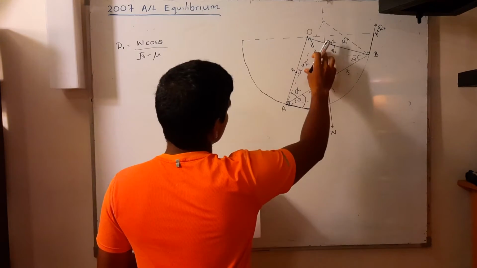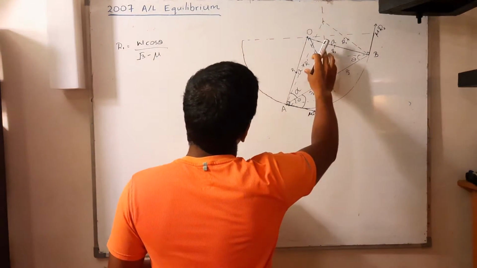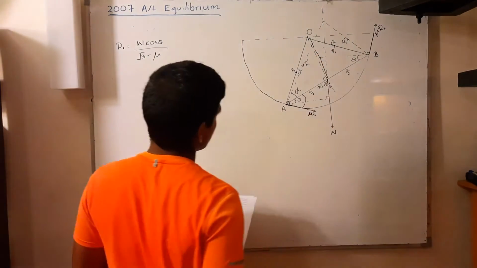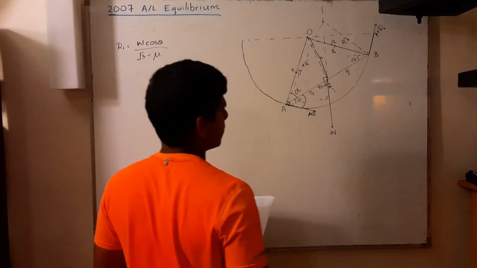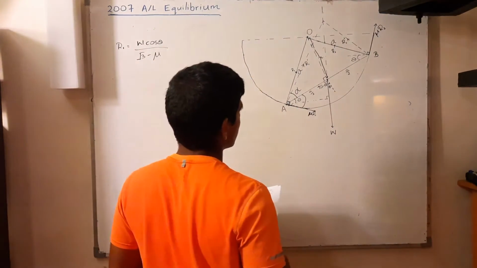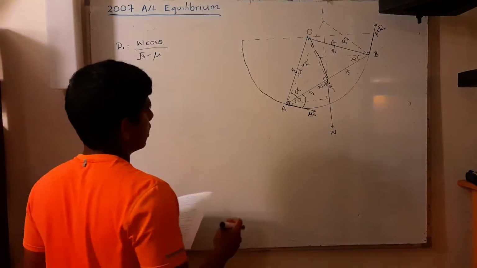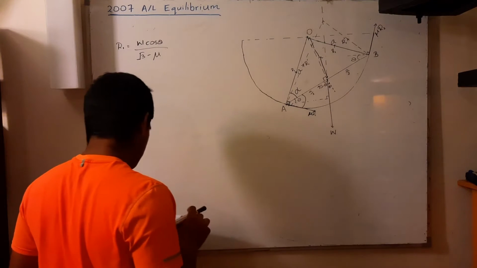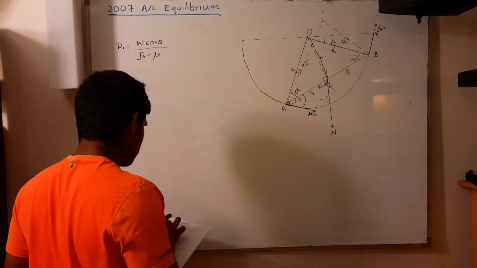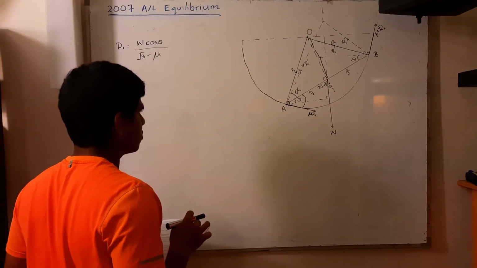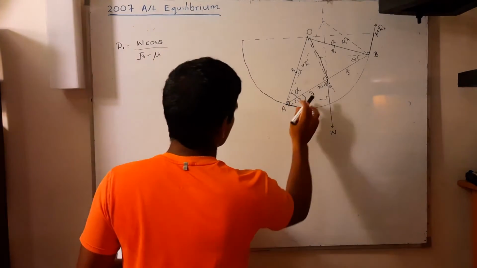They've not given this length, so I marked here x, a variable that we can find once we start with the question. They've also said that the rod is in limiting equilibrium, inclined at an angle theta to the horizontal. So that's what I marked here.